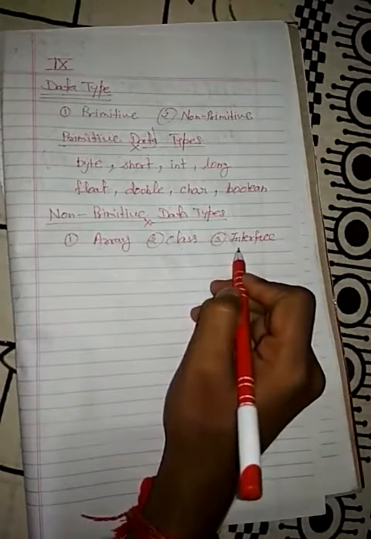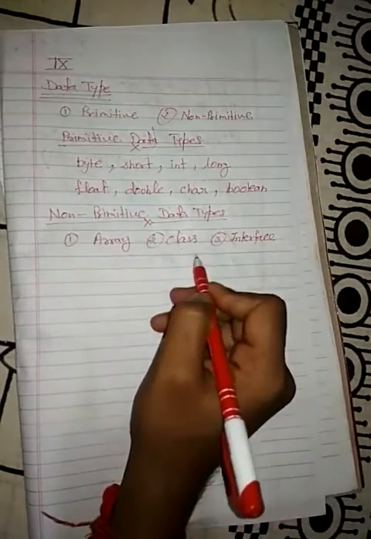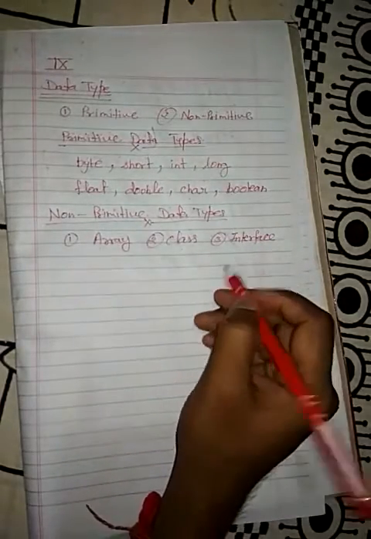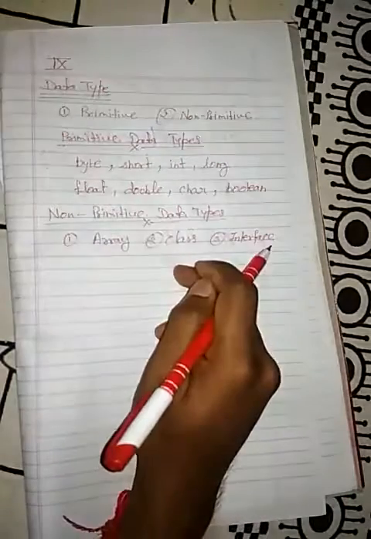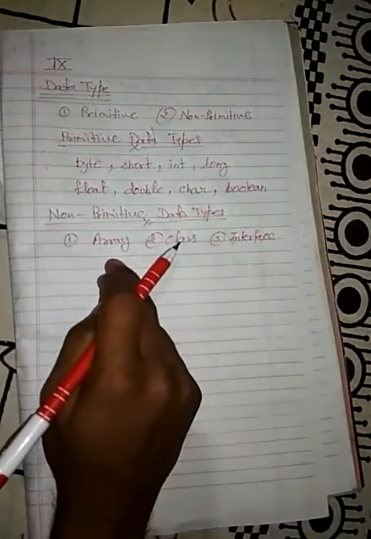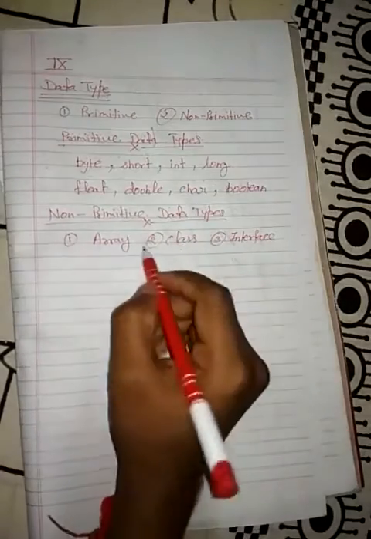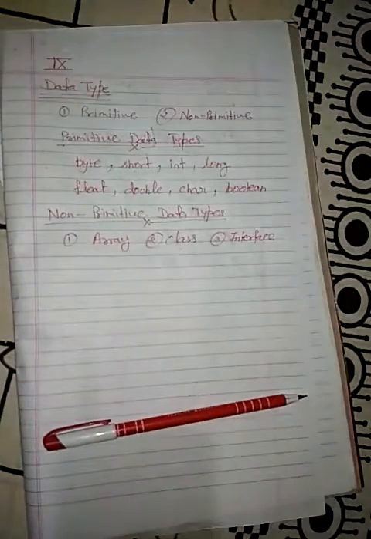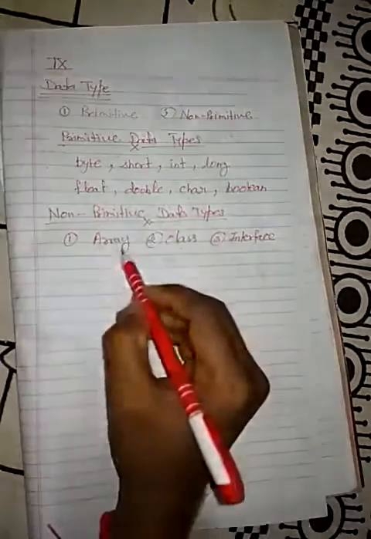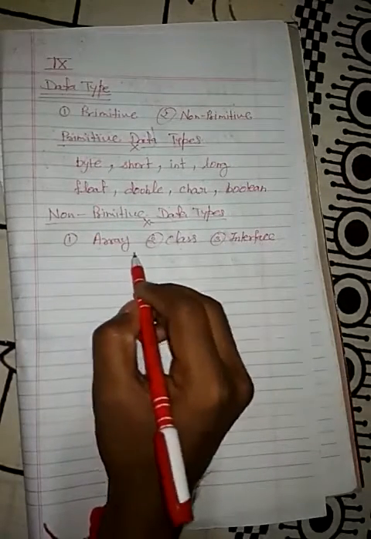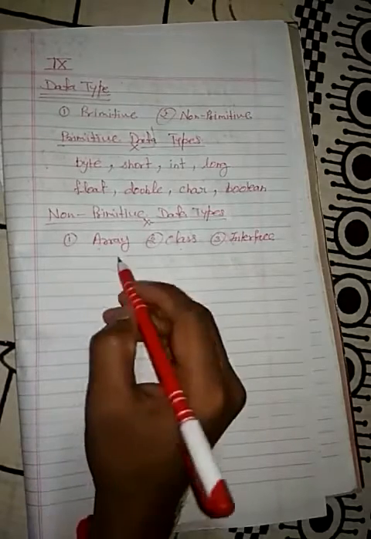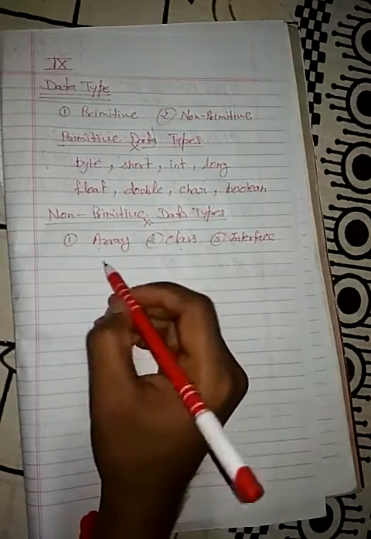These data types are also known as user-defined data types. It means in these data types the size and range are not already defined. But in primitive data types, the size and range are already declared, whereas here there is no declared size and range. We will define the size and range according to our desire.